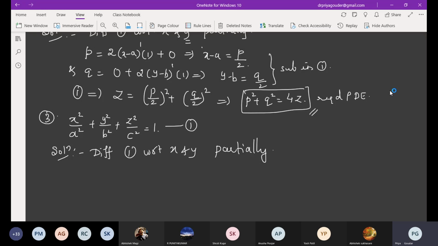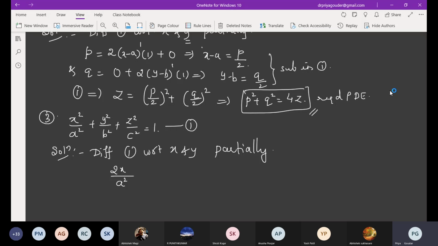What is the derivative of x square with respect to x? 2x. What about a square? Shall I write it as it is? It is a constant. It continues to be there.